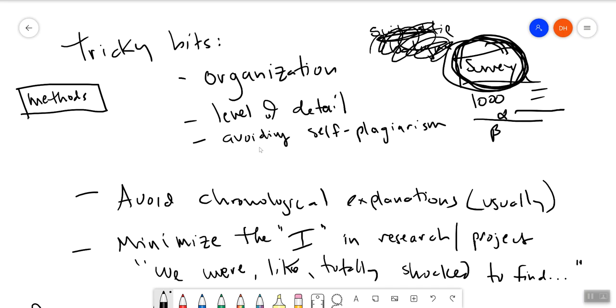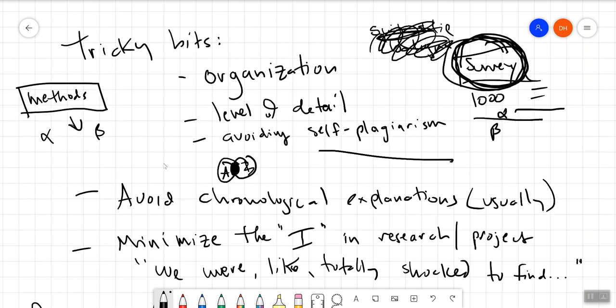So what this means is you can't just copy and paste or borrow the language directly from research paper to research paper. Rather, you would have to rewrite the methods in such a way that they're dissimilar enough to avoid self-plagiarism. This is something that's actually tricky, because even in the humanities, when I'm doing papers, very often the paper topics will overlap quite a bit, even though I'm talking about completely different things. So there might be some methodological overlap. So I have to constantly be careful in what I'm writing to avoid that as well.